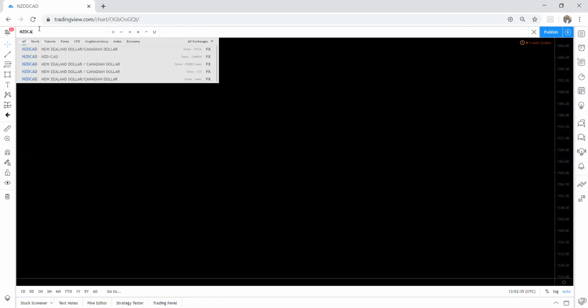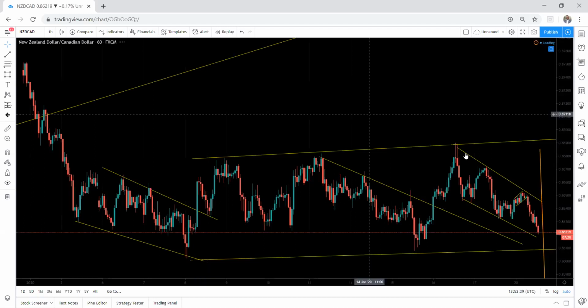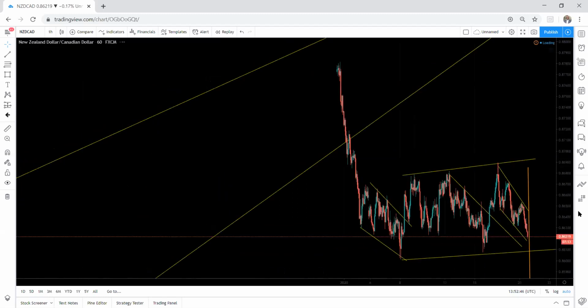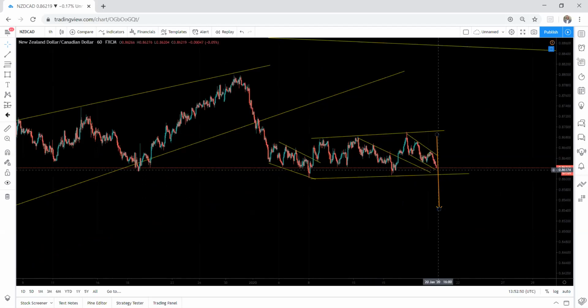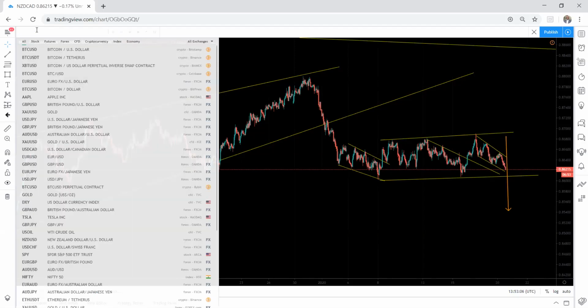What we expect to happen here is a break here. If this market proceeds to the upside, we may not have anything to do with it. We want it to break and activate our sell stop here, to the downside, brother.